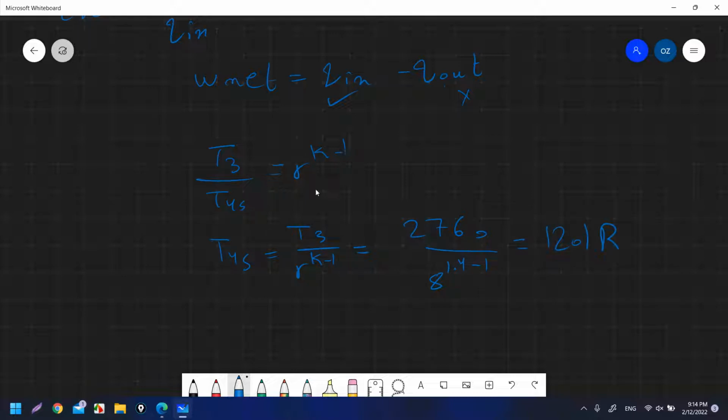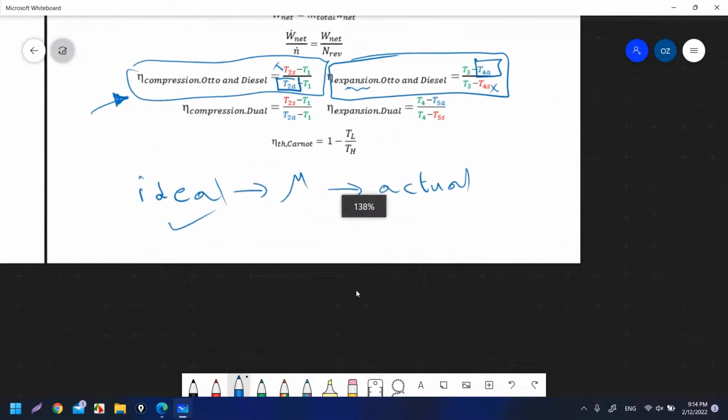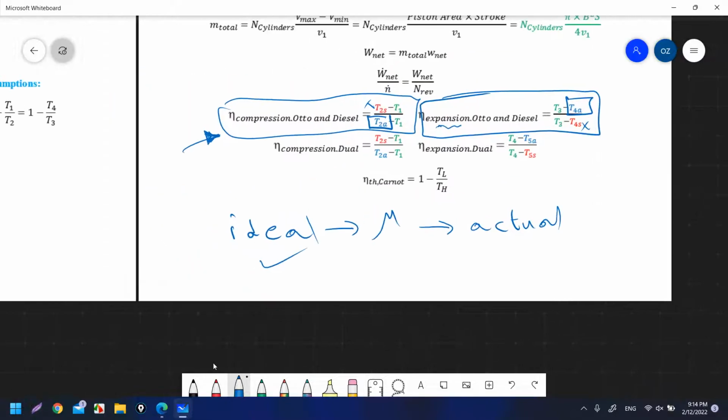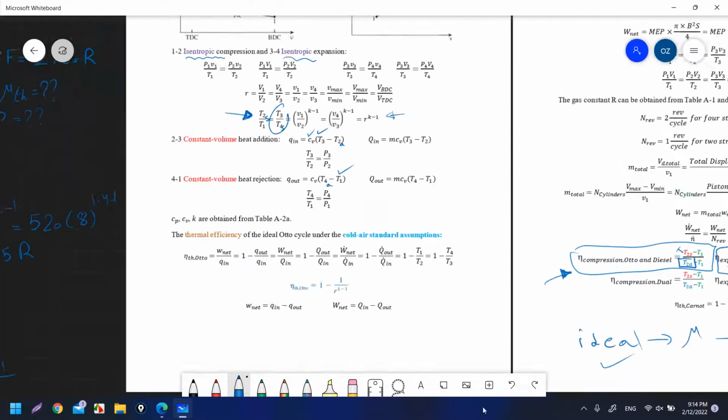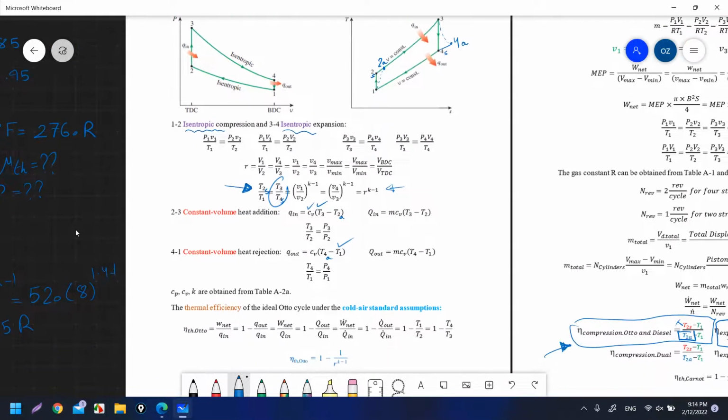I found T4S. Let's use the isentropic efficiency equation for the expansion. Between states 3 and 4 is the expansion process, from 3 to 4. If it were ideal it would be isentropic expansion, but now it is not isentropic.